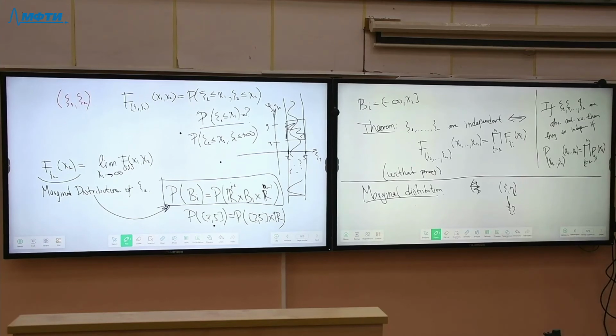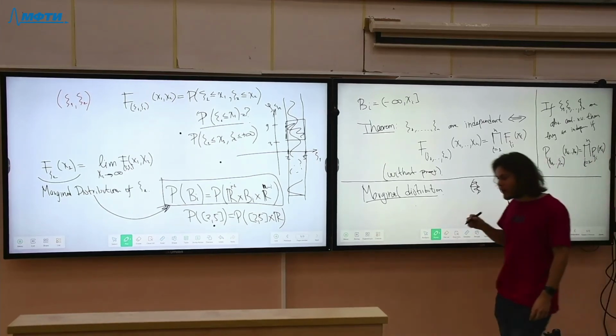So if I know that the random variables are absolutely continuous, all I can use is the probability density function. But that's only in the case when they are absolutely continuous.